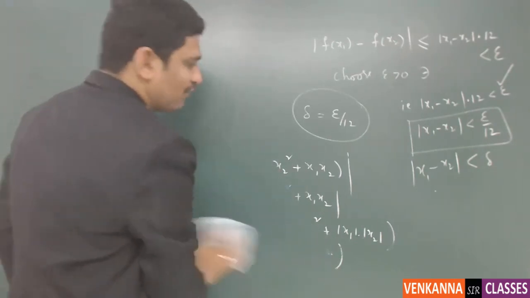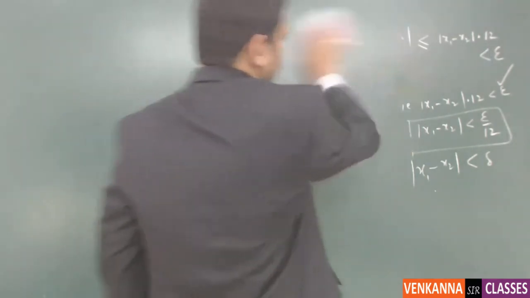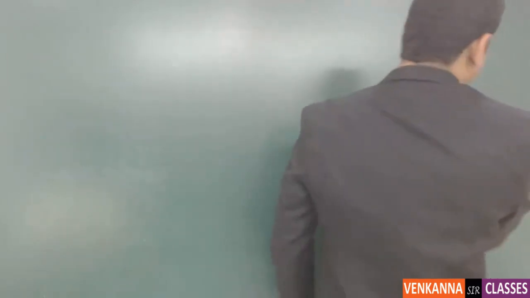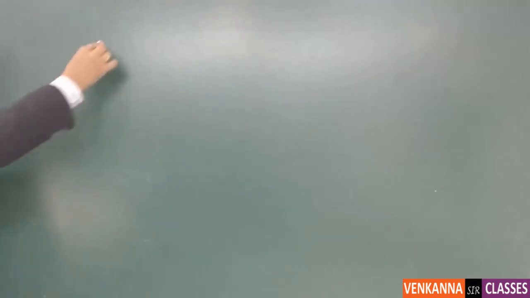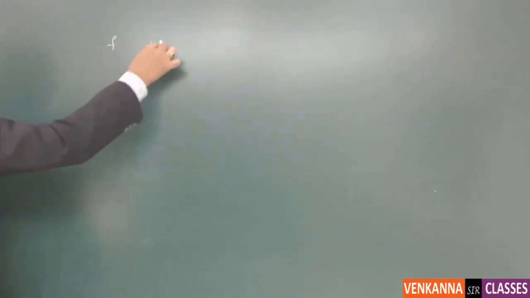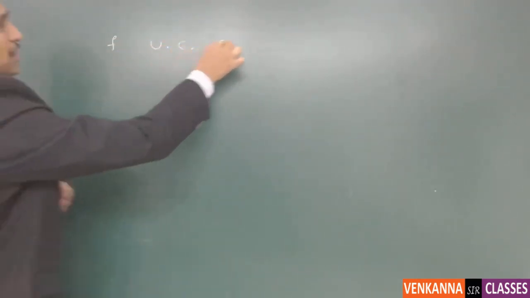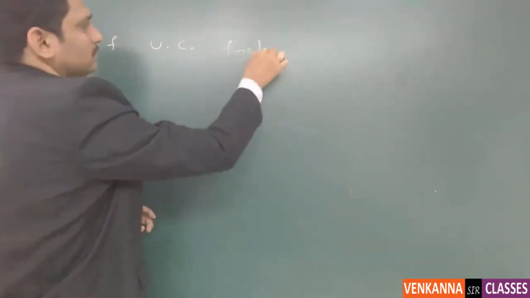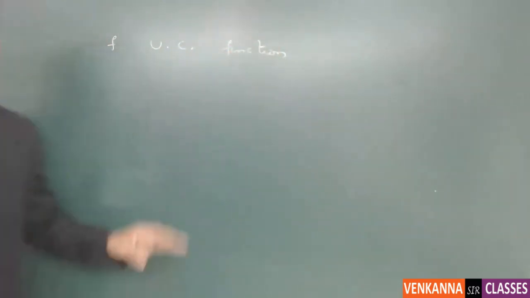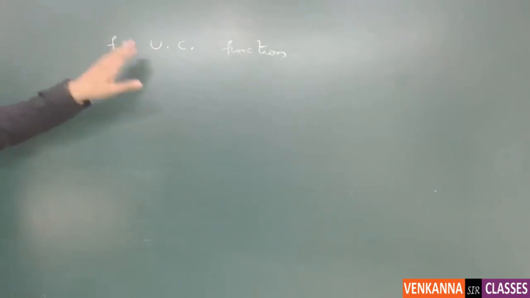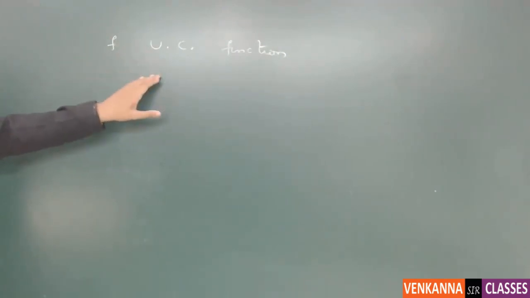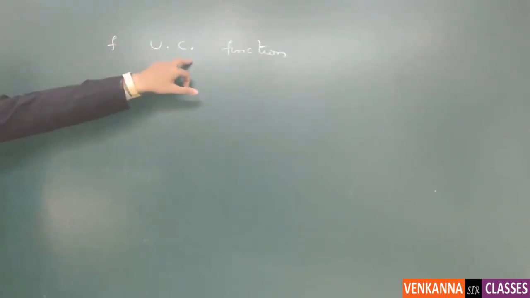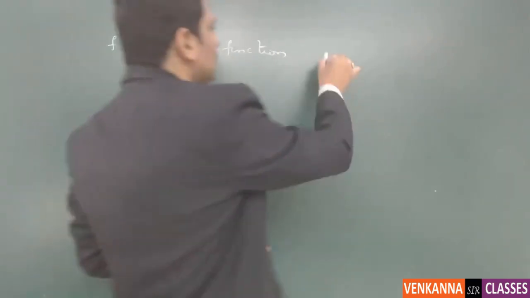Actually, there is one interesting result. If you take a uniformly continuous function, it may be on an open interval, closed interval, or any set you take. If the function is uniformly continuous, then it is continuous.